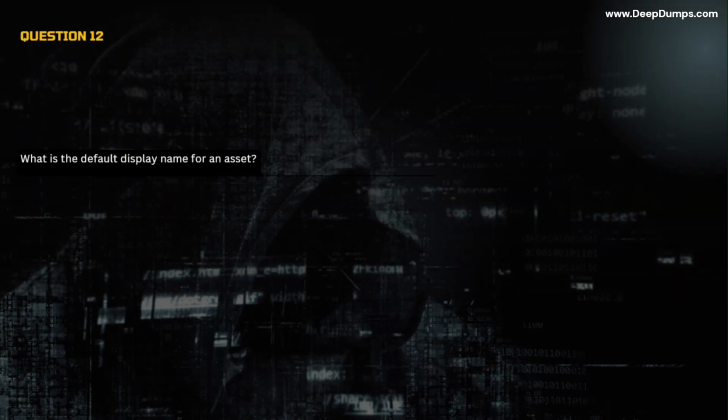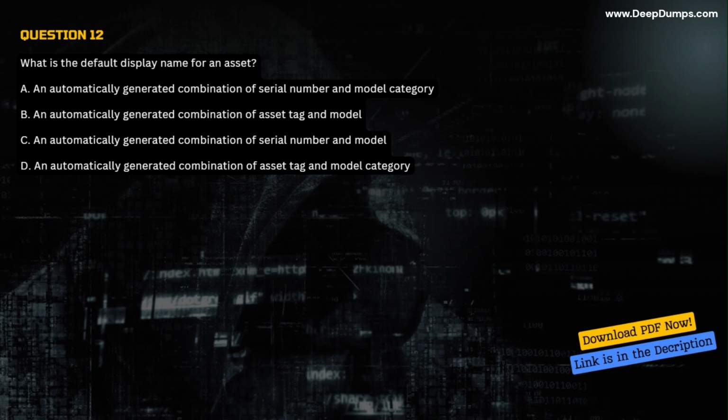Question 12. What is the default display name for an asset? A. An automatically generated combination of serial number and model category. B. An automatically generated combination of asset tag and model. C. An automatically generated combination of serial number and model.